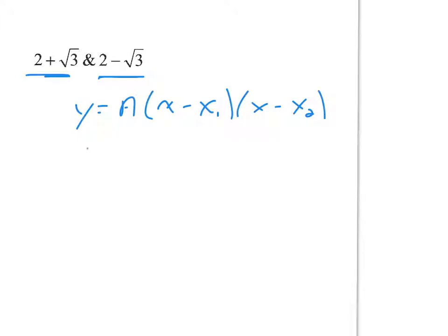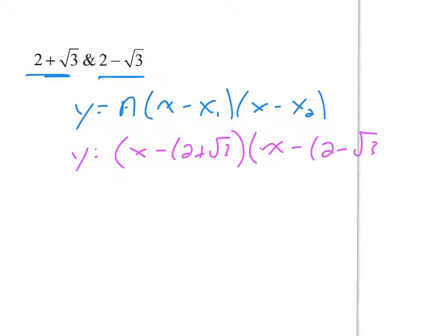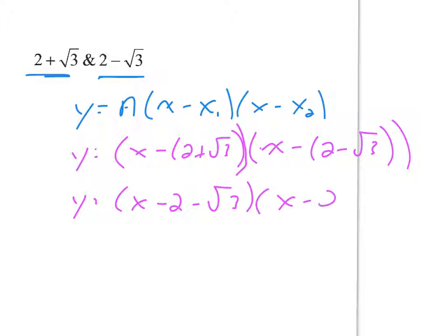So I'm going to have y equals, a is just 1, so x minus 2 plus root 3 times x minus the second root, which is 2 minus root 3. If I distribute my negs, I get y equals x minus 2 minus root 3 times x minus 2 plus root 3. All I did was distribute my negs here, right?